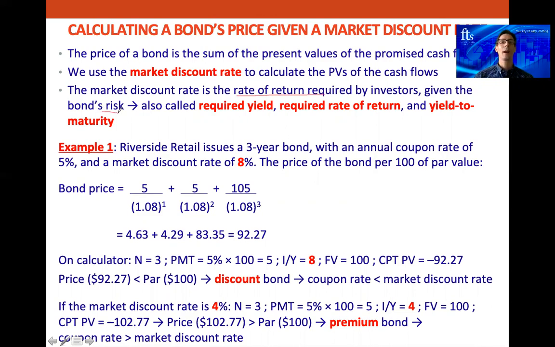So the higher the risk of the bond, the higher the rate of return that's going to be demanded by investors to compensate them for the extra risk. But the lower the risk of the bond, the lower the rate that's going to be required by investors. This is why it's called the required yield, or the required rate of return, or the yield to maturity.